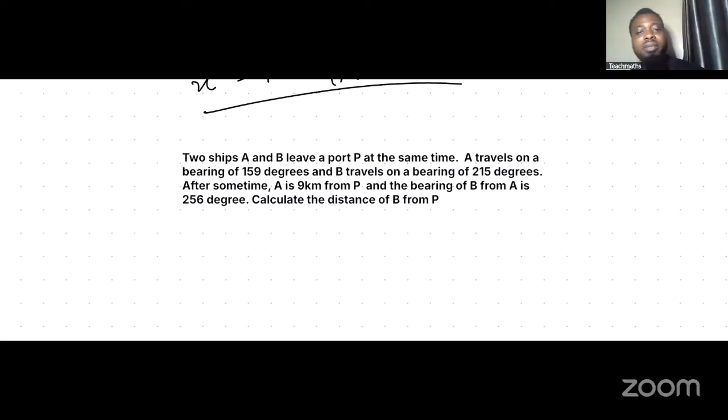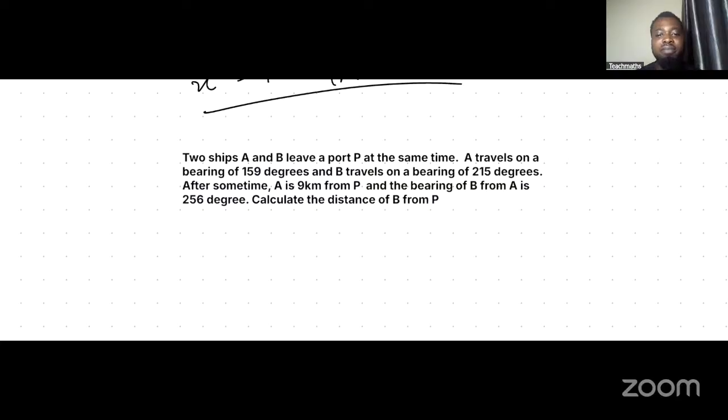Two ships A and B leave a port P at the same time. A travels on a bearing of 159 degrees and B travels on a bearing of 215 degrees. After some time, A is 9 kilometers from B and the bearing of B from A is 256 degrees.